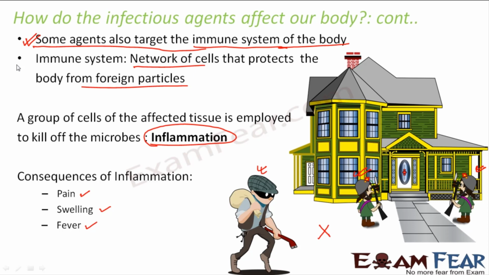That is why AIDS is considered a very severe disease, because it actually spoils the immune system of the body. These are infectious agents who will not go anywhere else. They just target the immune system of the body. They are very intelligent agents. They know that the immune system is the one that will try to fight back, so they directly target it.